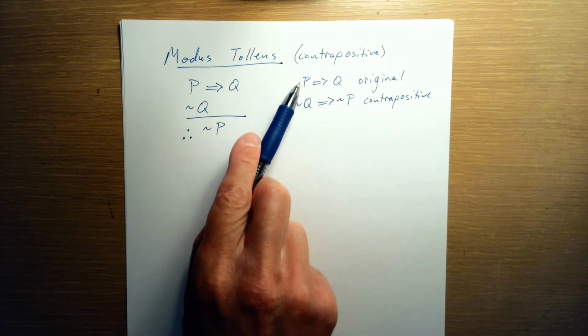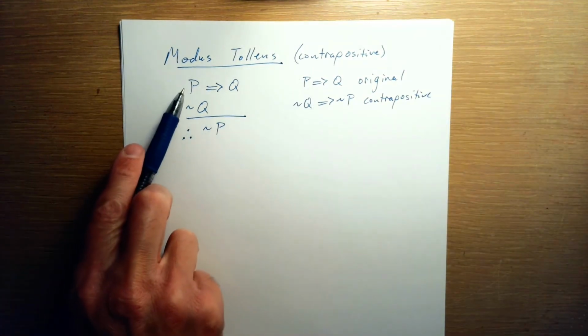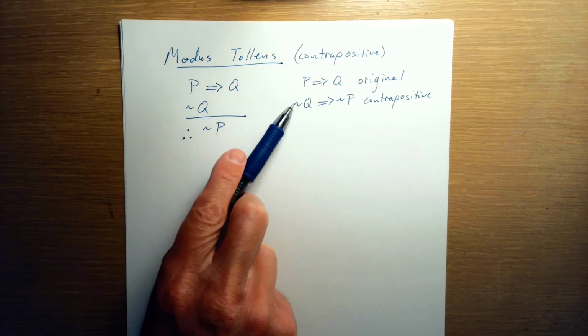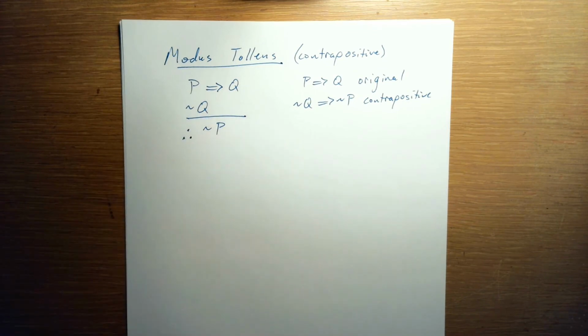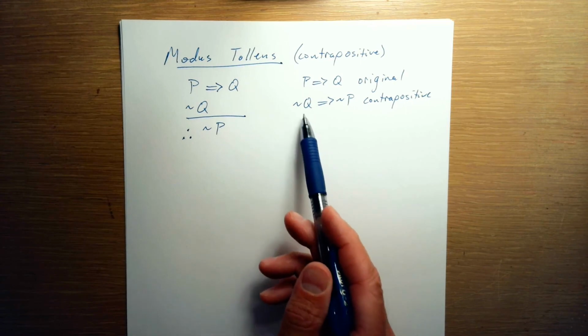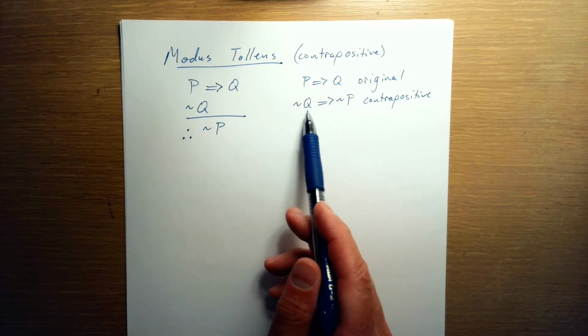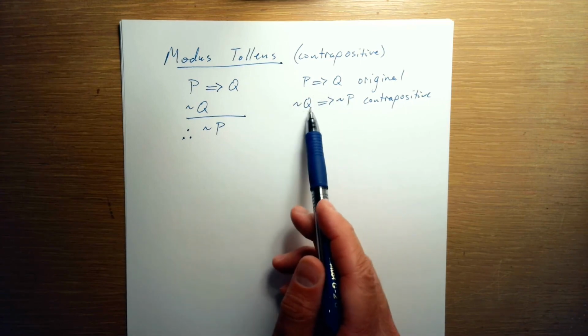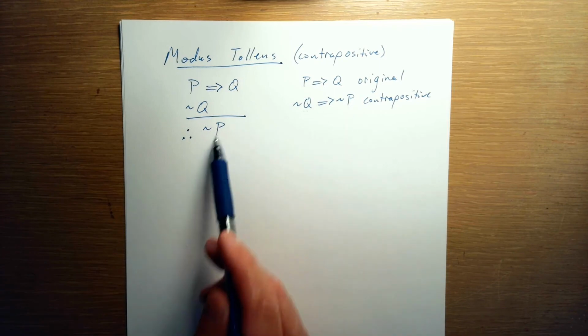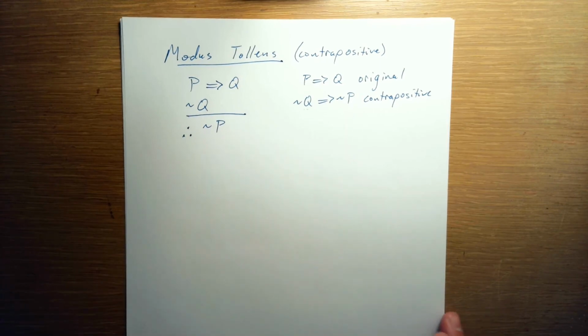And again, remember that these are equivalent statements. So given that P implies Q is true, we get for free that not Q implies not P is true. So this being true, along with not Q being true, this arrow carries us over here and says not P has to be true as well.